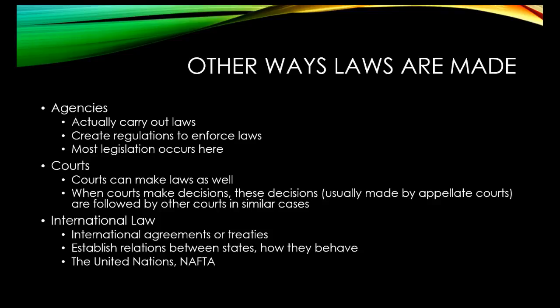The other two ways that laws are made: we have agency laws, bureaucratic laws, and courts can make laws, okay? Courts will make decisions, and these decisions, generally by appellate courts, will set precedent and are followed by other courts. So what does it mean to have a reasonable suspicion for a search warrant? What does it mean to have reasonable cause?